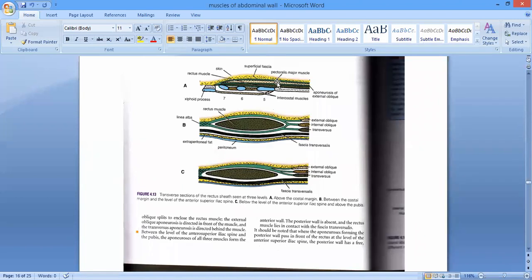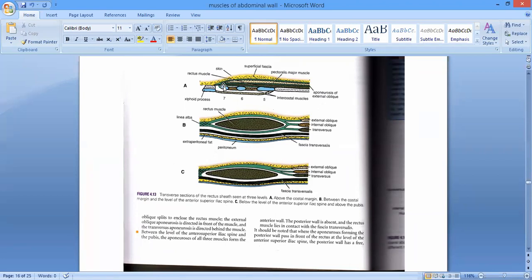First of all, we are going to consider the level above the costal margin. Above the costal margin, here you can see that it is only its anterior wall. This is the rectus sheath over there, and this is the rectus abdominis muscle which is being enclosed. Here you can see that it is just formed by the aponeurosis of the external oblique muscle.